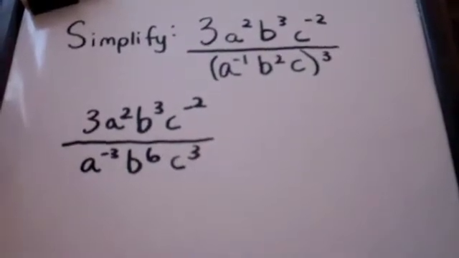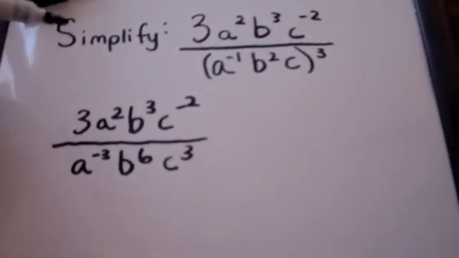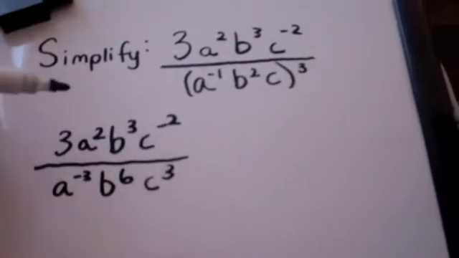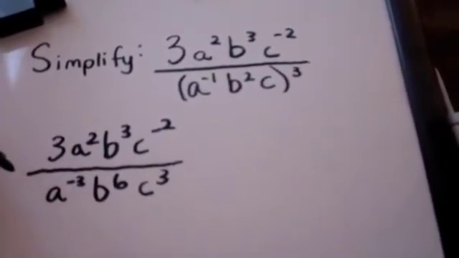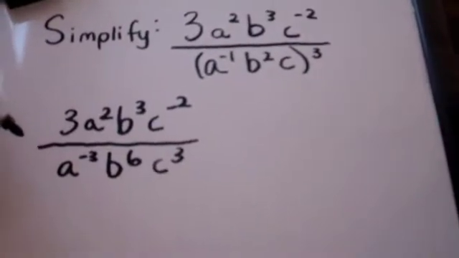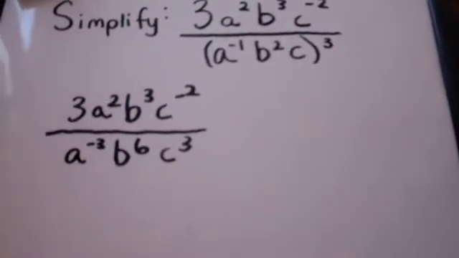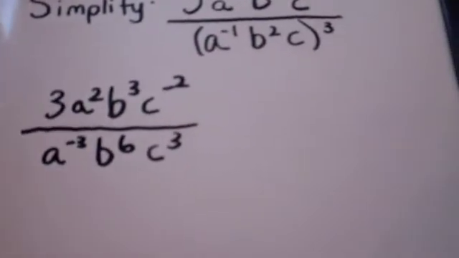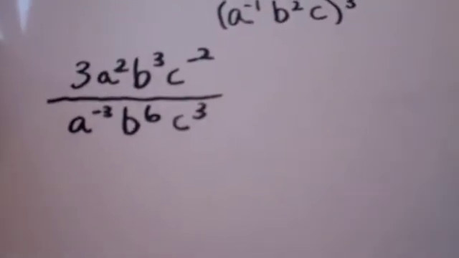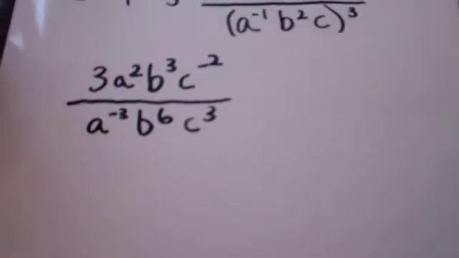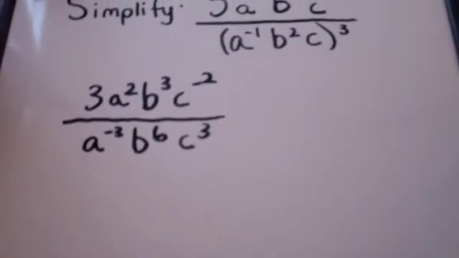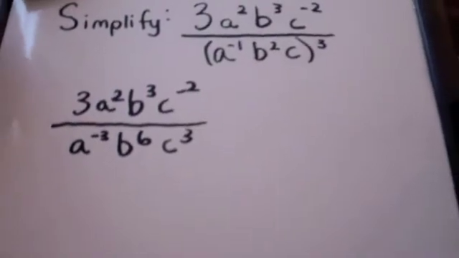Once we've rewritten the problem, we move on to what else we can simplify. I don't like these negative exponents, and we should be able to simplify that. You don't want negative exponents in your answer if possible, so we'll try to get rid of them. The way we do this is by using the inverses of the exponents and then adding or subtracting them depending on where they're going.